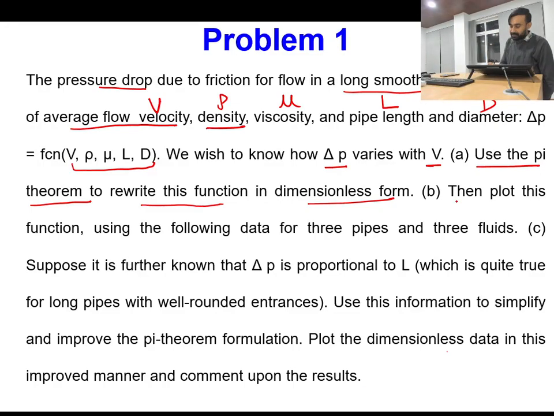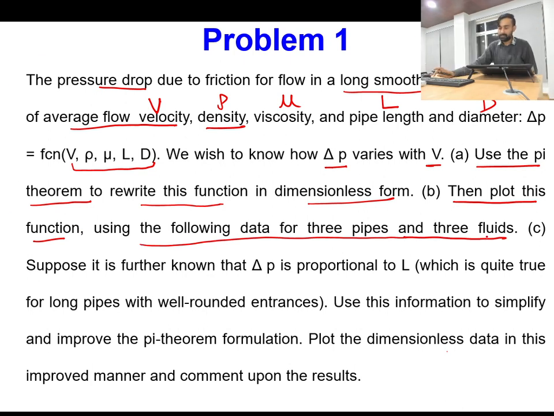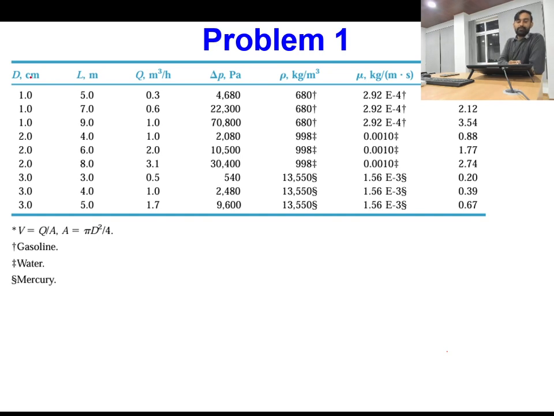Now second part is, then plot this function using the following data for 3 pipes and 3 fluids. So in this question, they have provided us the fundamental data for all the variables like diameter, length, discharge, pressure drop, density, viscosity and velocity.